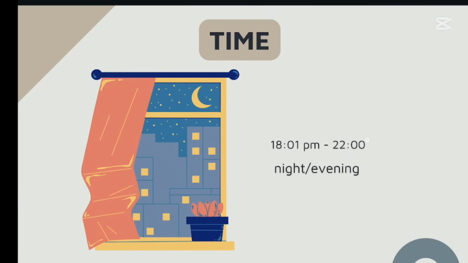Then from 1801 to 22, or 10 o'clock in the evening, is what we consider the nighttime or the evening. 22 is 10 o'clock in the evening.